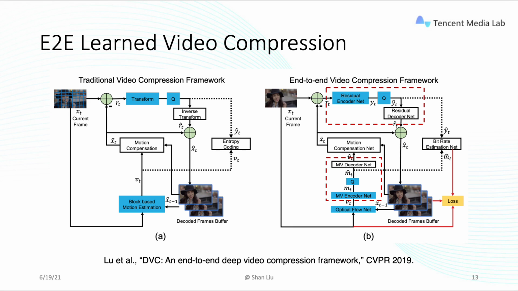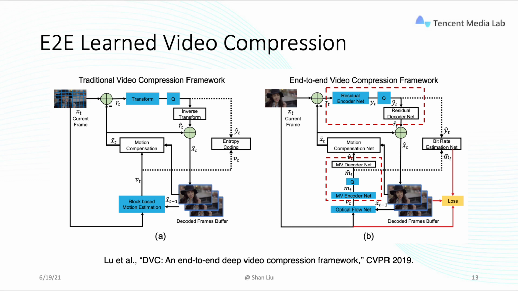As we can see, this work adopted the conventional video compression framework, and at the same time utilized neural networks for their powerful nonlinear capability. Learning-based optical flow estimation is used to obtain the motion information in replacement of the traditional block-based motion estimation.